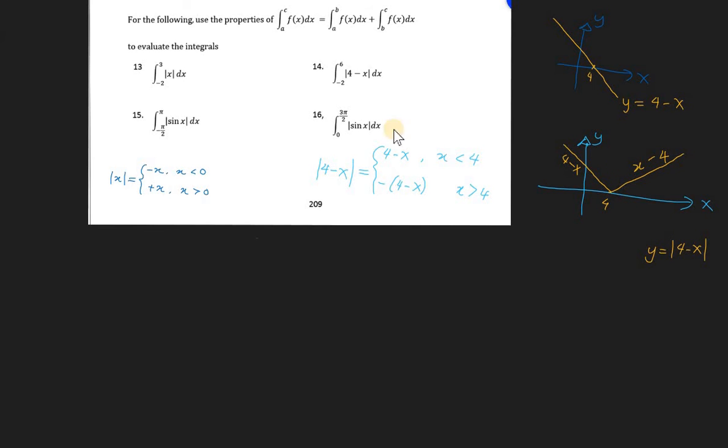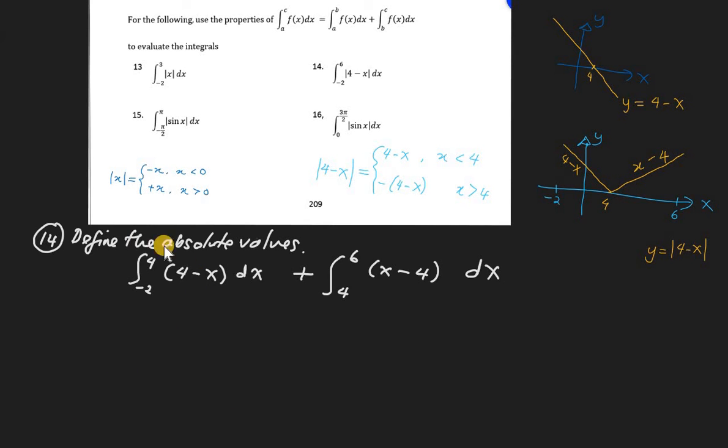And then our boundary here is from negative 2 until 6, so definitely you need to separate it. So we need to define the absolute value.